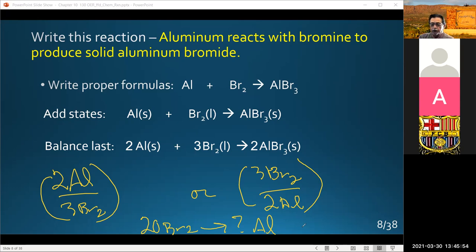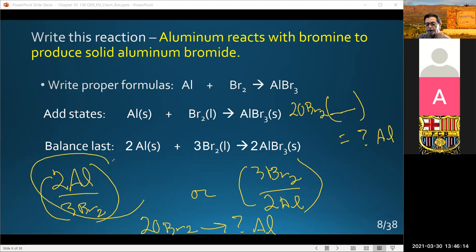Okay. And so here's the problem. If I start off with 20 bromines, I need a conversion factor here. I need to figure out how many aluminums. So I need to write it so my bromines cancel out, right? Well, isn't that this one right here? With 2 aluminums on top and 3 bromides there. Okay, do not my bromides cancel? Give me the units of aluminum.